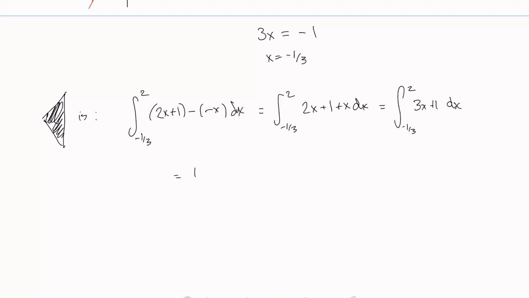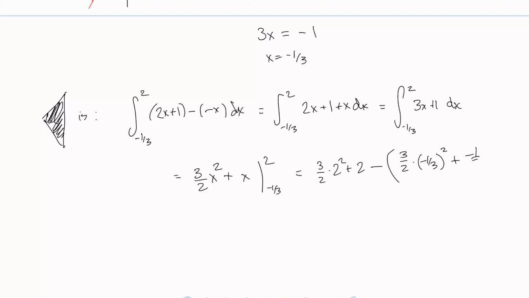It becomes 3/2 x squared plus x, with minus 1/3 and 2 up there. How am I doing? And then we plug the numbers in: 3/2 times 2 squared plus 2, minus 3/2 times negative 1/3 squared plus negative 1/3. All right, that's my answer for the half on the right.